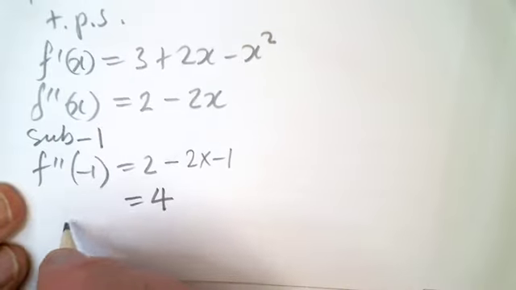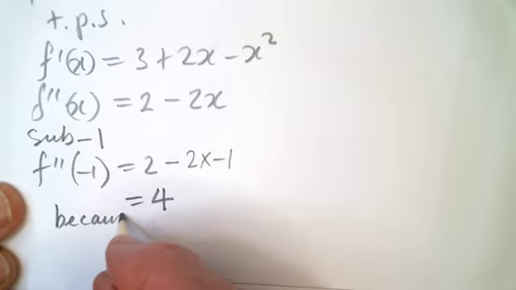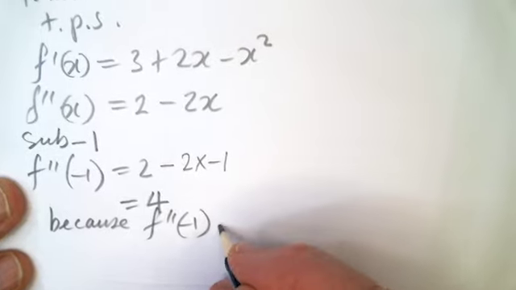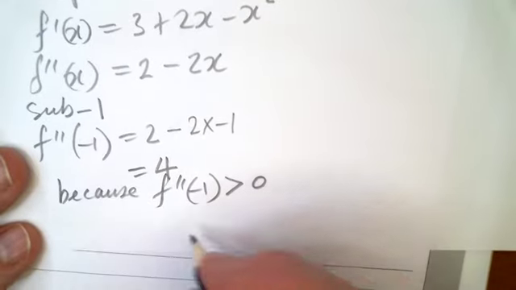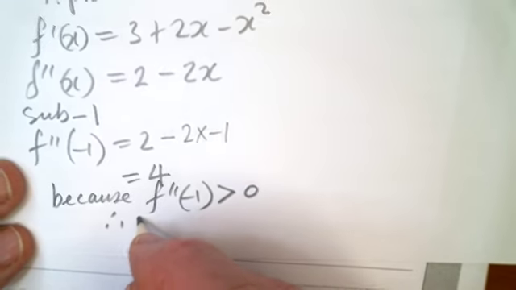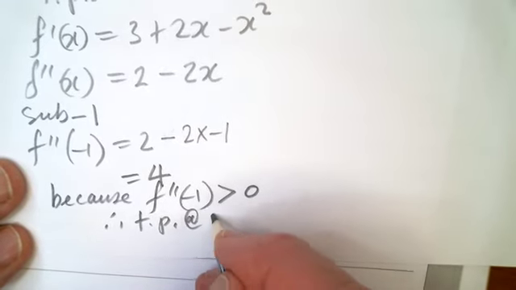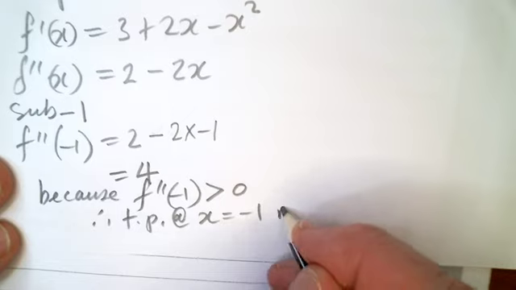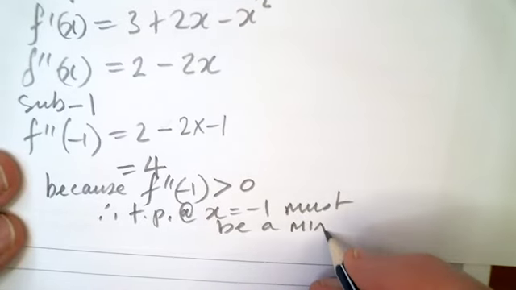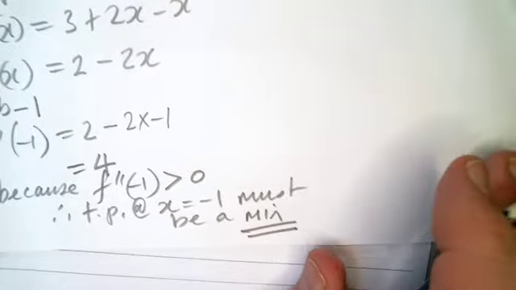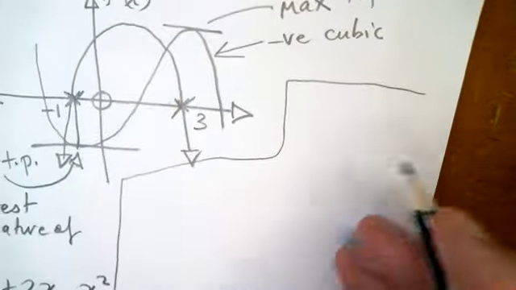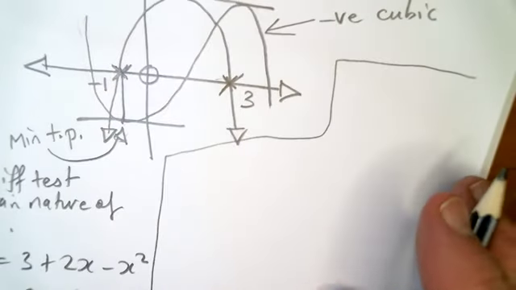So we can say, because f double prime negative 1 is greater than 0, therefore, the turning point at x equals negative 1 must be a minimum. Okay, so that's the first point. Let's create a little bit of space here. Now let's do the same again for the other one.